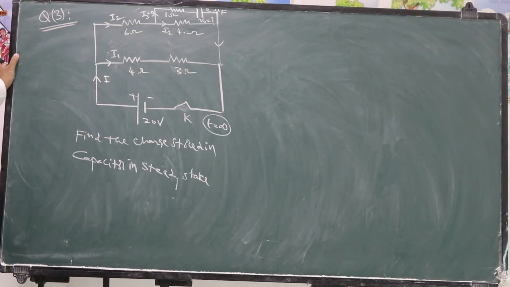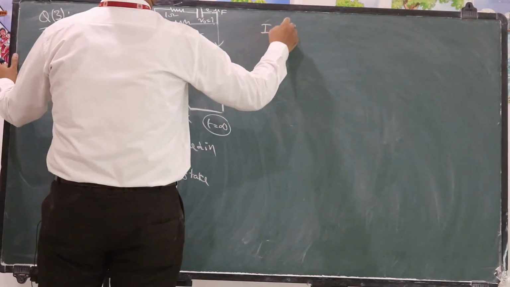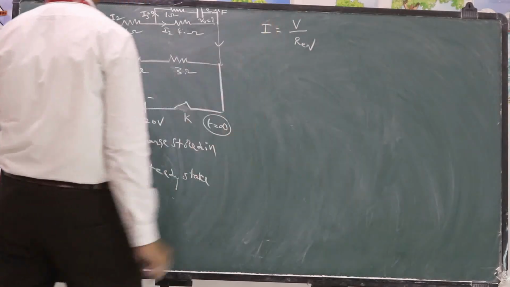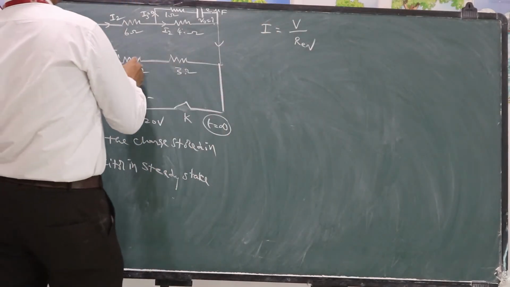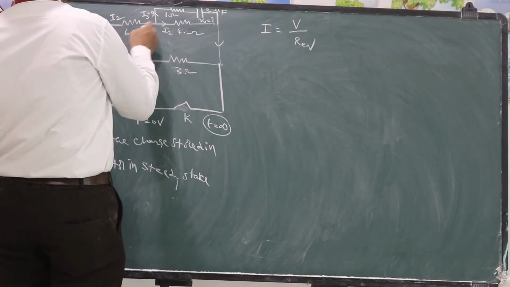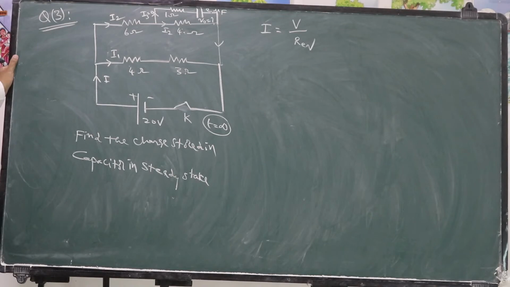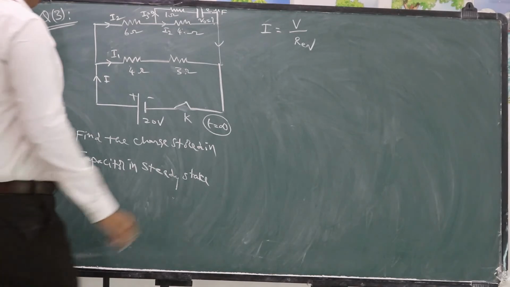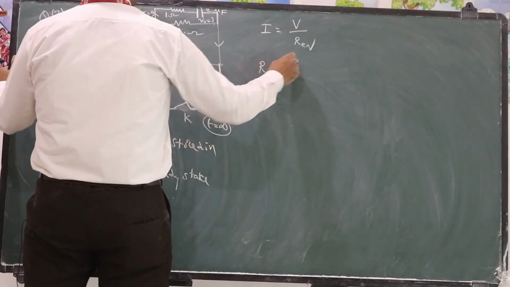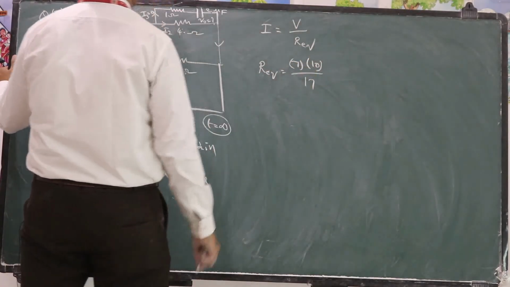First let me find the current in the circuit. Current in the circuit is voltage divided by equivalent resistance. Clearly these two resistors are in series, so the effective resistance is 7 ohms. These two are in series, so the effective resistance is 10 ohms. Both are in parallel, so R equivalent is 7 into 10 by 7 plus 10, that is 70 by 17.